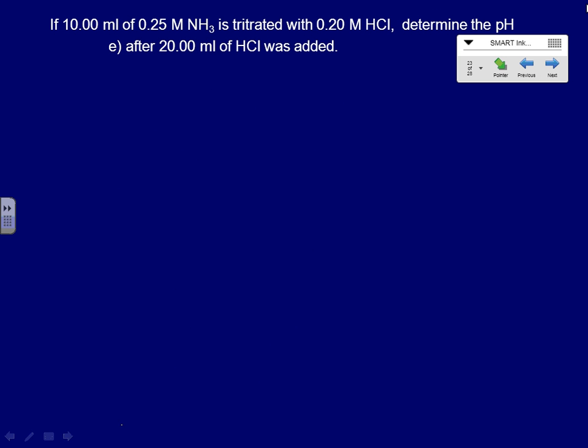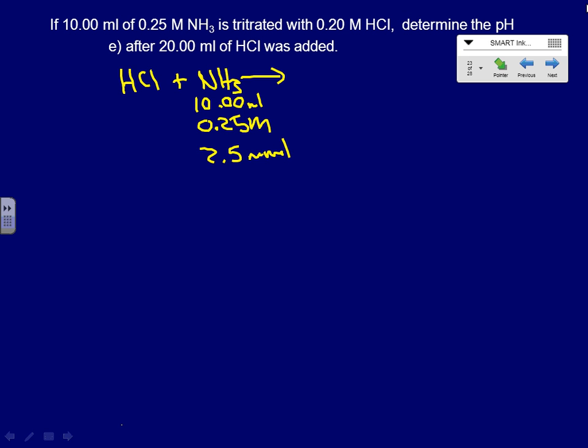And now let's do the last part where we blow right past the equivalence point, where we've got excess acid, HCl plus NH3. This time I've got, again, 10 milliliters. That's what I started with. 0.25 molar, 2.5 millimoles.